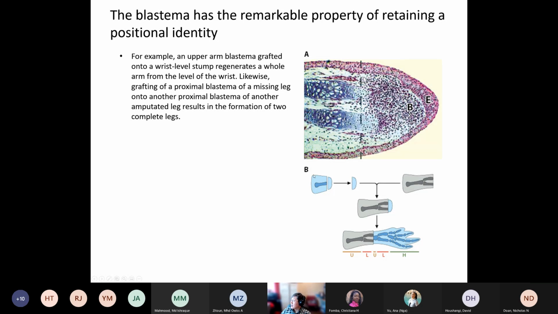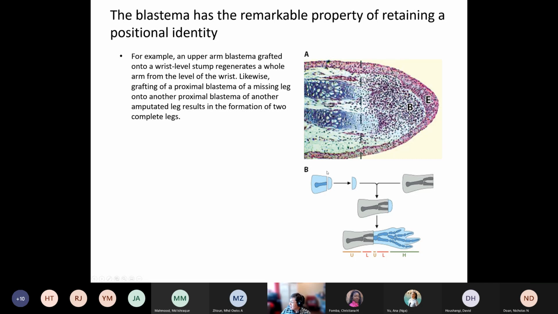Basically, the scientists did a proximal amputation. Proximal means upper arm, for us. For this limb, it's the upper limb. They did the amputation here, and then, of course, the animal will generate a blastema. That's a new growth here, right? The wound gets covered, and some cells are proliferating here.